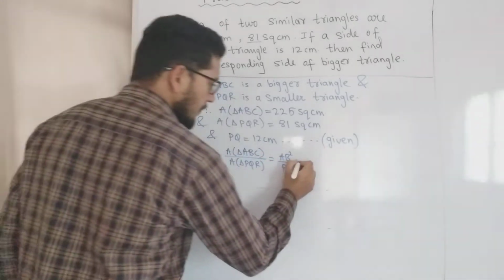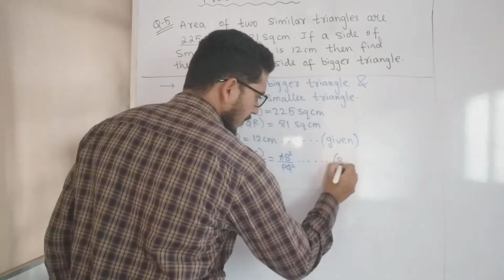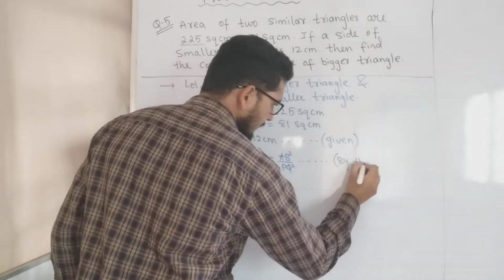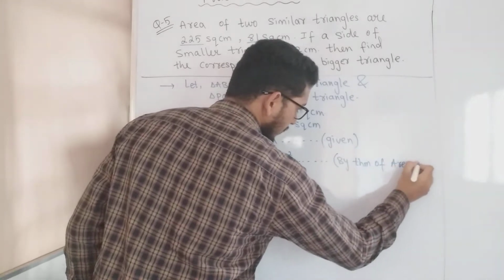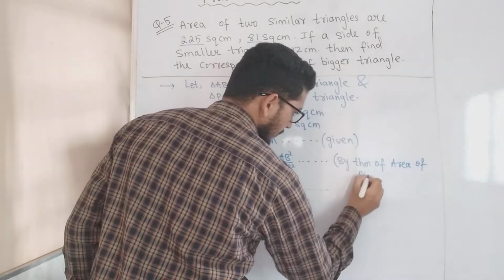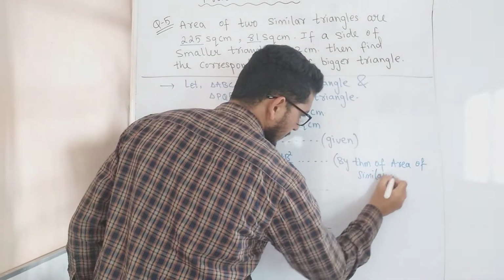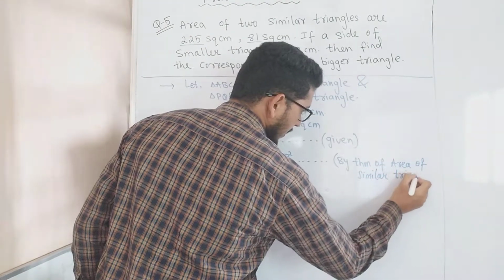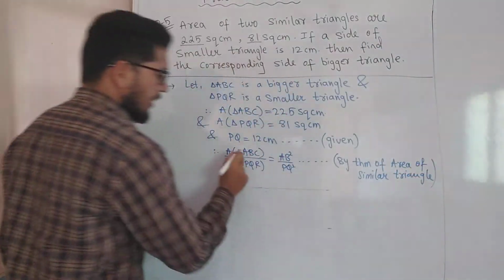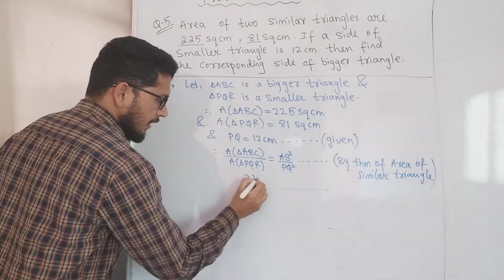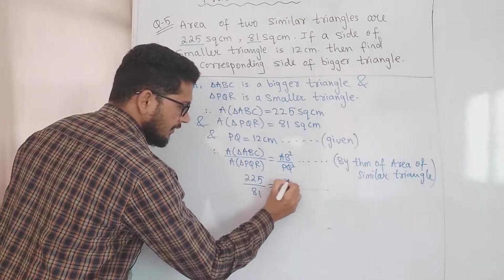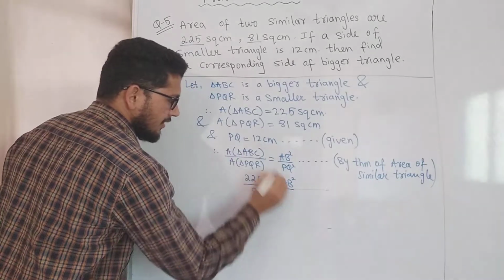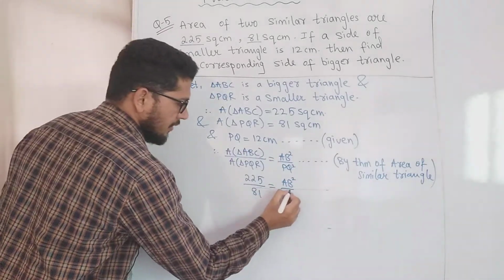I will write here: by theorem of area of similar triangles. Now I will substitute the values. Area of triangle ABC is given as 225. Area of triangle PQR is given as 81. AB is not given, keep it as it is. PQ is given, 12 square.